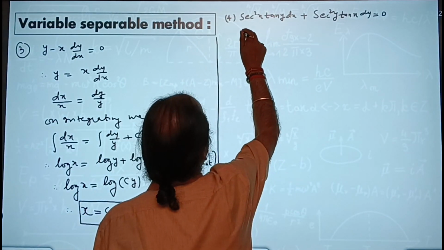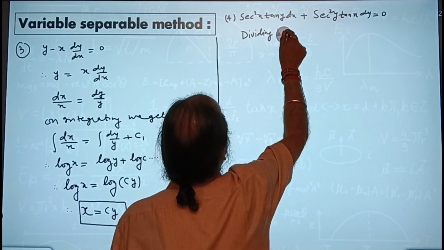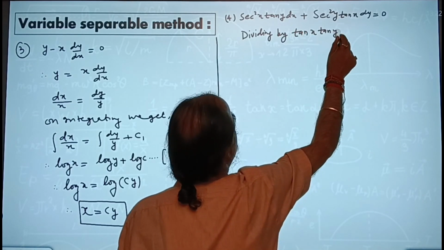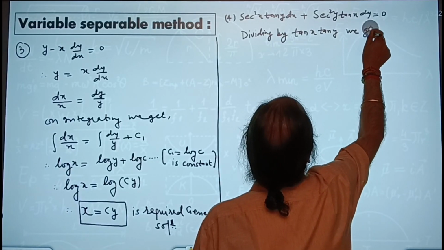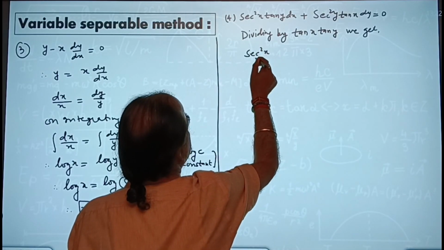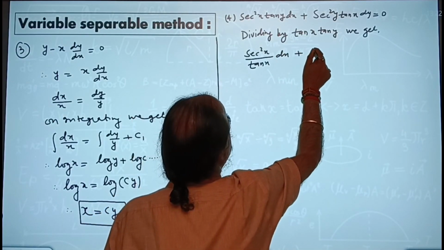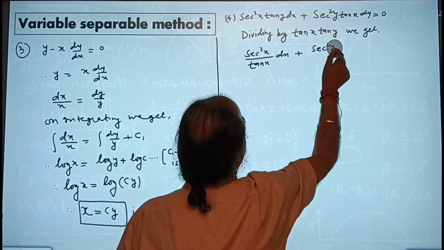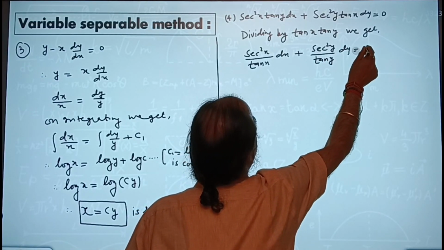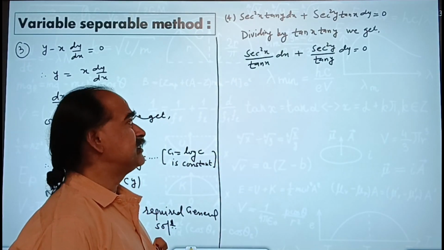Dividing by tan x tan y, we get sec square x upon tan x dx plus sec square y upon tan y dy is equal to 0. Now we have separated variables, so now we can integrate.